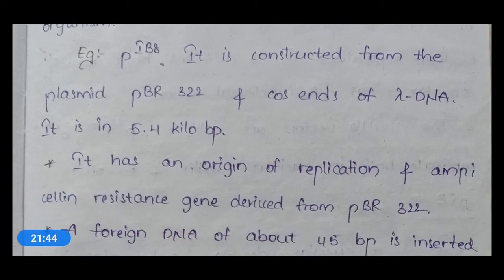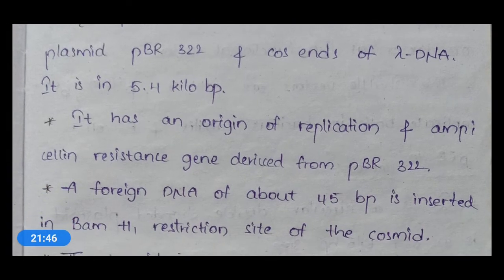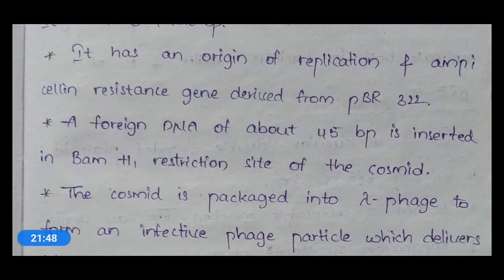Okay, see, it has an origin of replication. It will contain an origin of replication and an ampicillin resistance gene, and this ampicillin resistance gene is derived from pBR322.